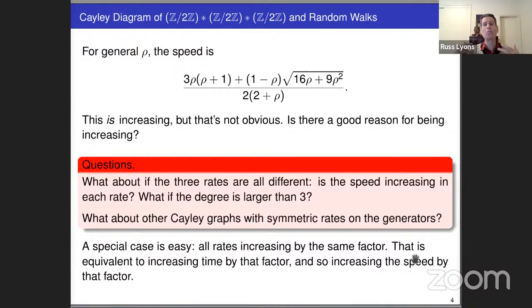So it would be more special. But if you have a positive answer for the 4 generators, then that implies a positive answer for 2 generators. But that certainly falls in this other category of other Cayley graphs. It wouldn't just be a product of Z mod 2.